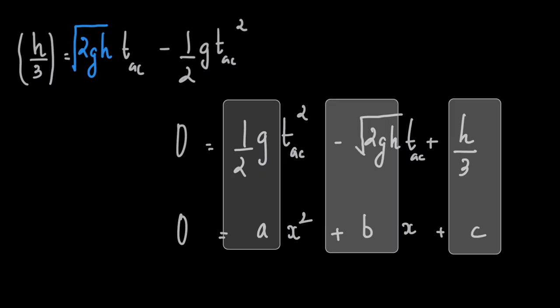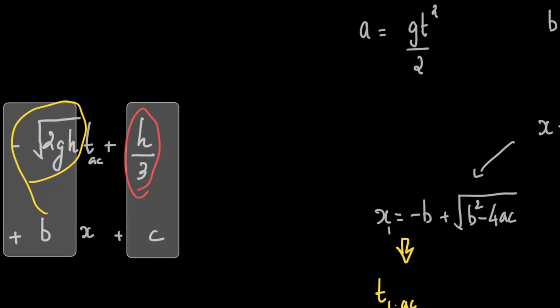can otherwise be written as 0 is equal to half g TAC square minus root of 2gh TAC plus h by 3, which can be compared with the equation ax square plus bx plus c is equal to 0. And what do we get out of that? What we get is a is equal to half g, b is equal to minus root of 2gh, and c is equal to h by 3.